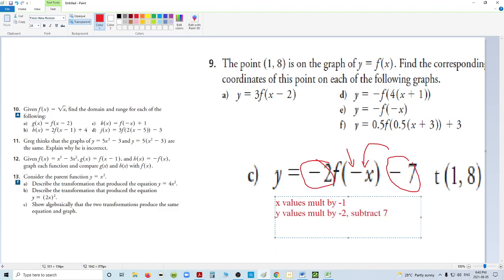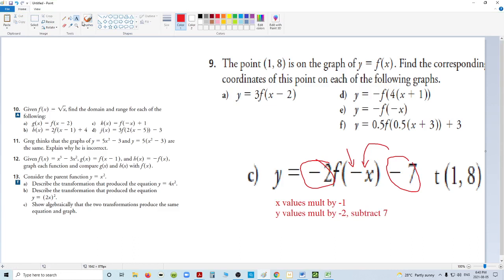And remember, yes, the normal thing is reciprocal, but the reciprocal of -1 is still -1. So if I multiply my x value by -1, I get -1. And if I multiply my y value by -2, I get -16. And then subtract 7, I get -23. So that's my new point for this transformation, from this to that.